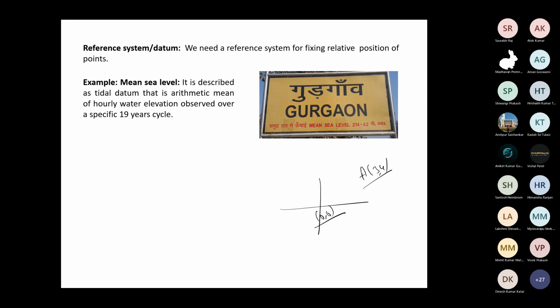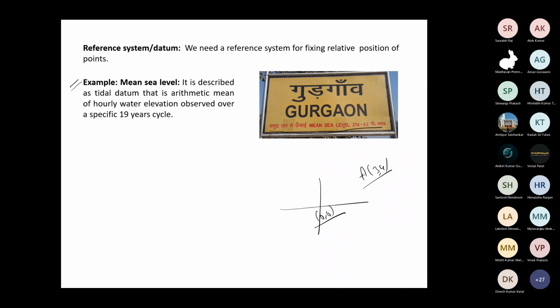So we need a reference system for fixing the relative position of points. Do you agree with it? Yes, sir. Now, for example, I think you have all traveled by train. Have you ever seen a board like this? What is written there?